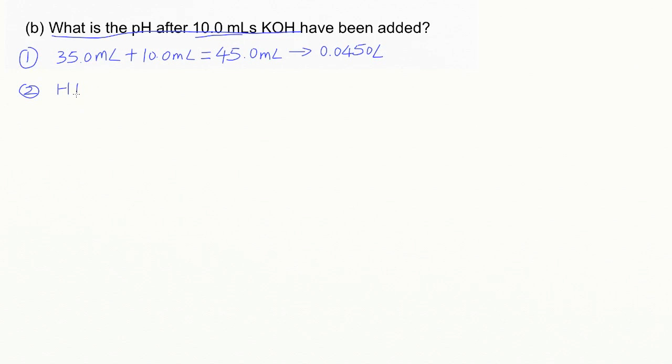The second step is the stoichiometry calculation to find out how much of the hydrogen bromide will be left. So hydrogen bromide plus potassium hydroxide generates potassium bromide and water. We just need to focus on the two reactants: before reaction, change, and after reaction.